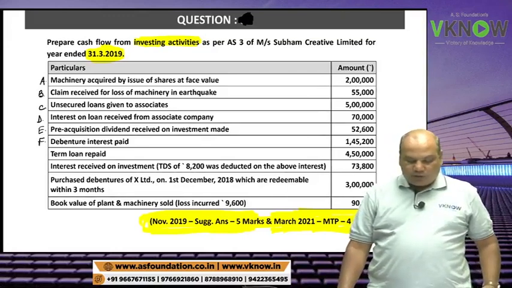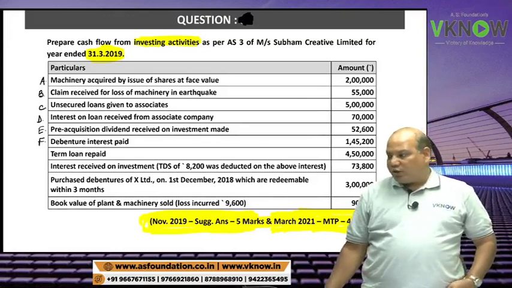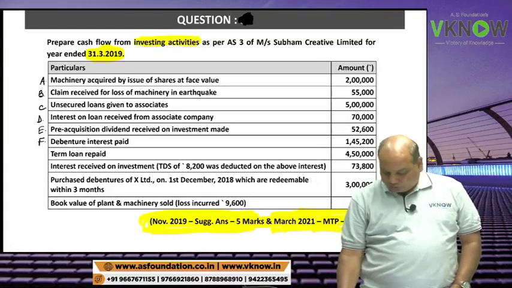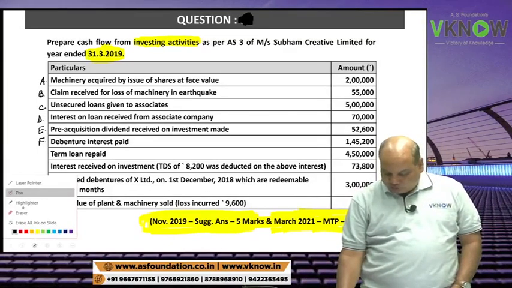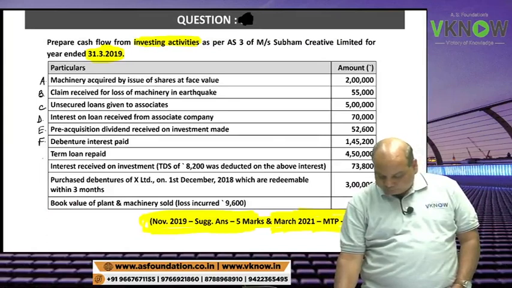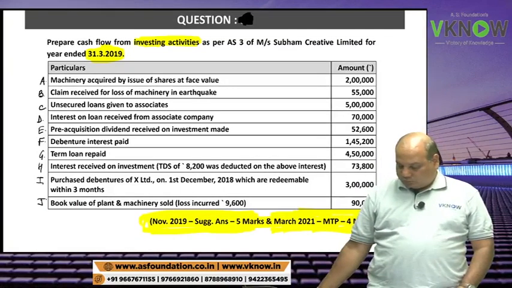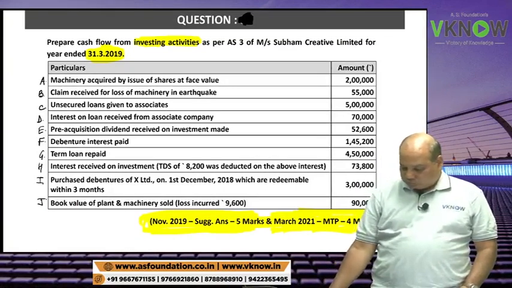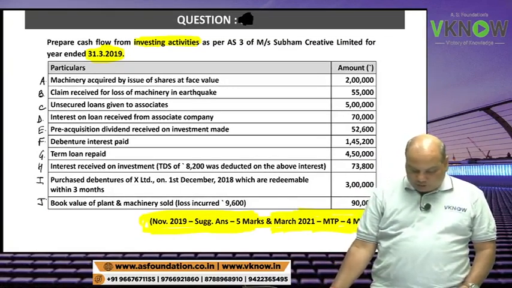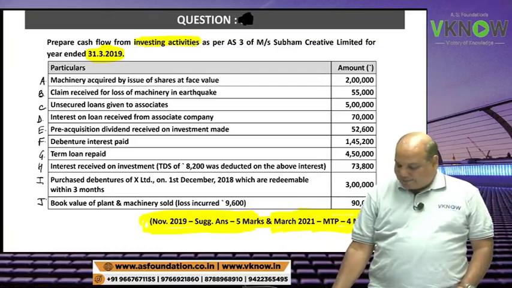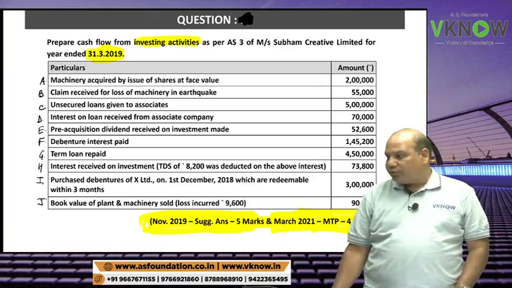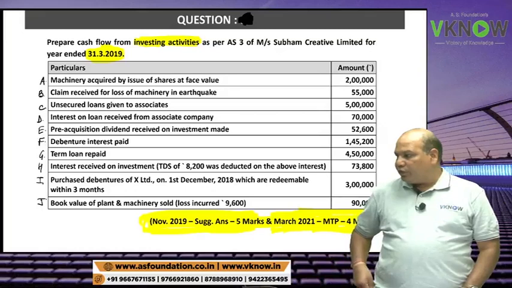Point F, debenture interest paid, 1,45,200.